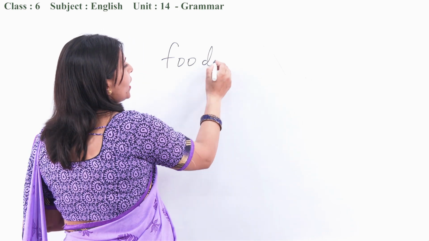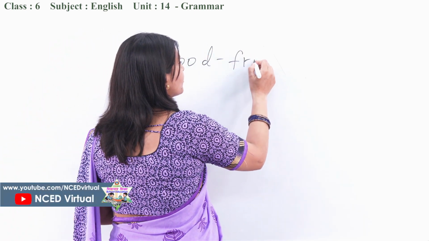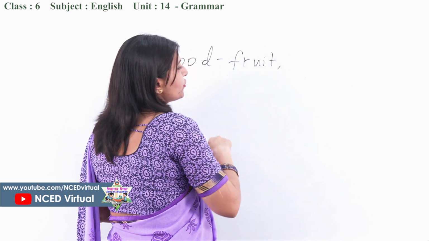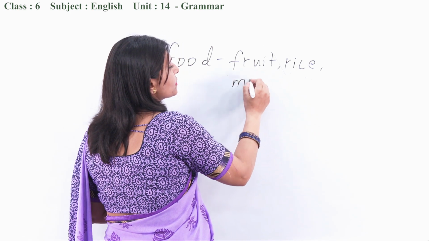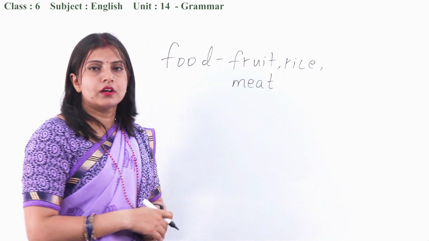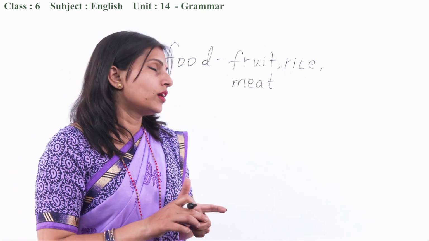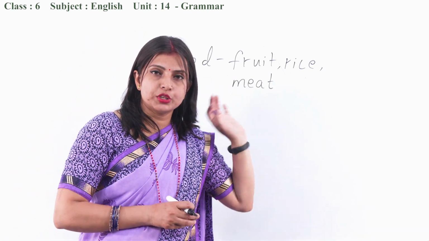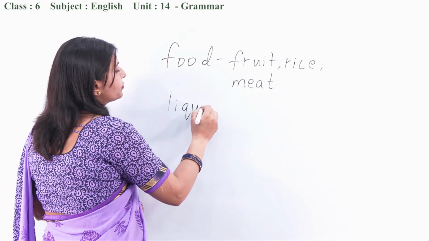Okay, you can't count food like fruits. Yes, then after rice, okay, meat. You can't count them, they are uncountable.